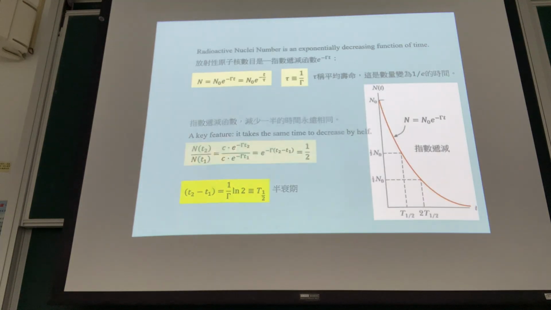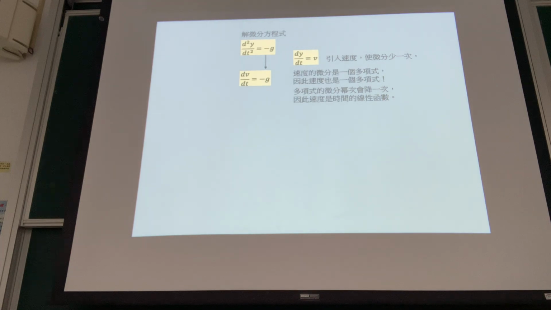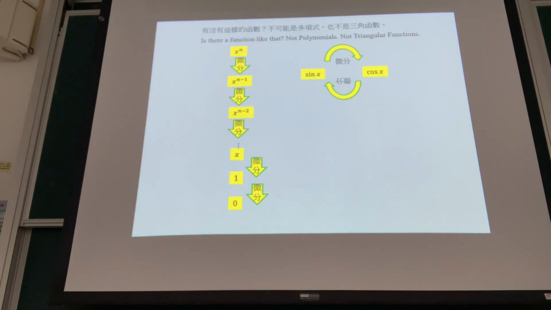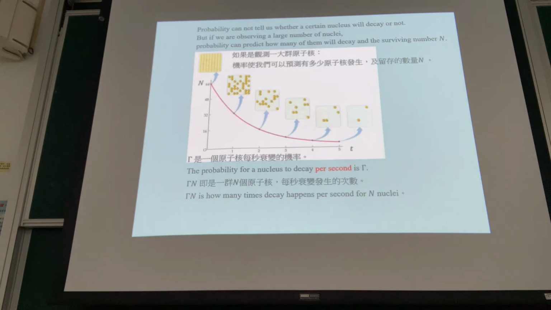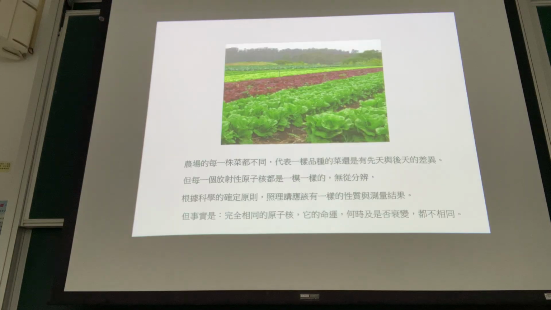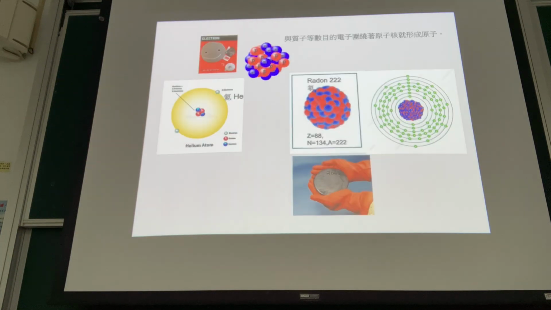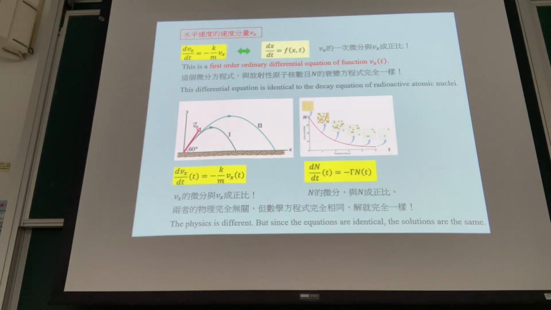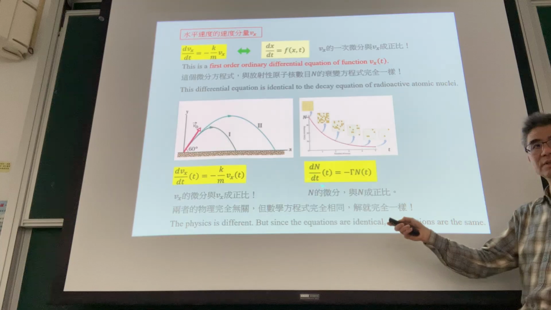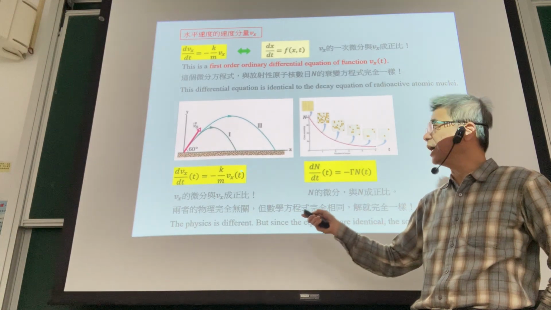Maybe I should show you the transparency, the comparison between the two equations again. Sorry, yeah. So this is here. This is the decay equation, and this is the equation for the horizontal velocity Vx.